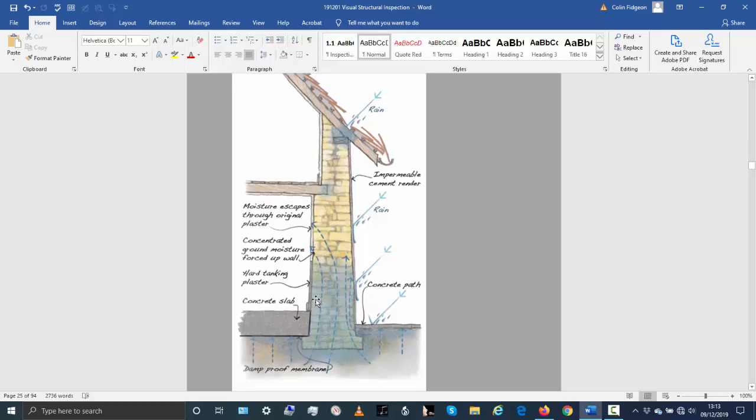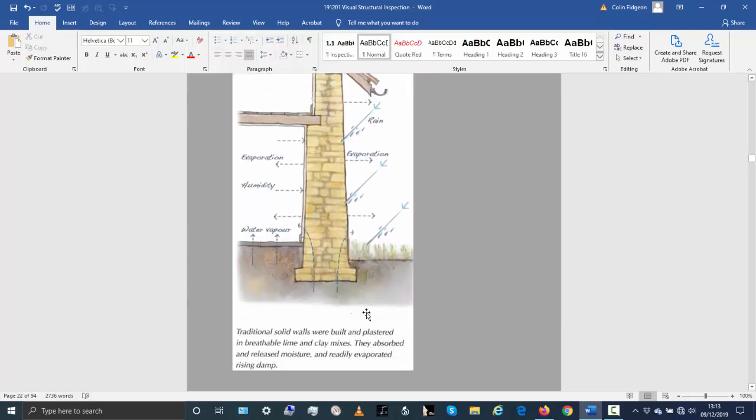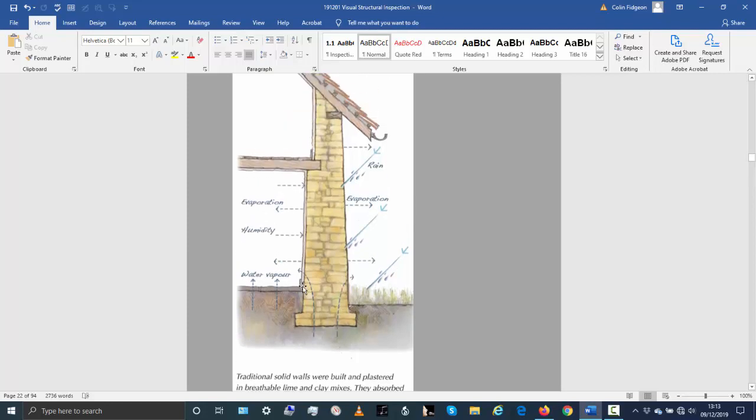Now, if I go back to the first drawing I've shown you, this is an example of a stone wall that's working the way it's supposed to. And you can see here the external ground level is actually at least 150 millimeters lower than the internal floor level, and it works well.